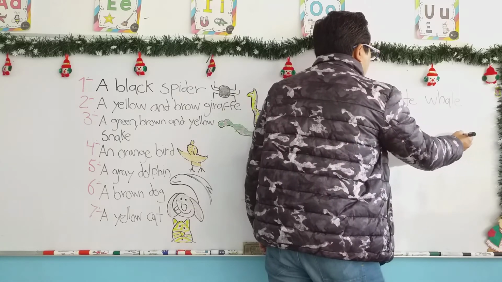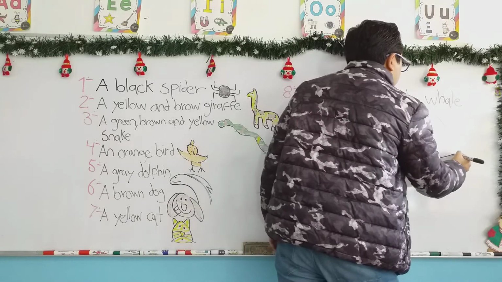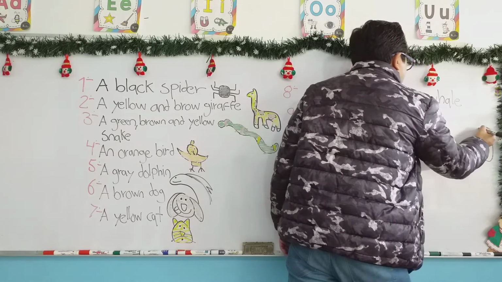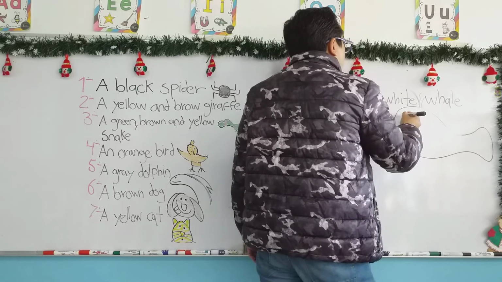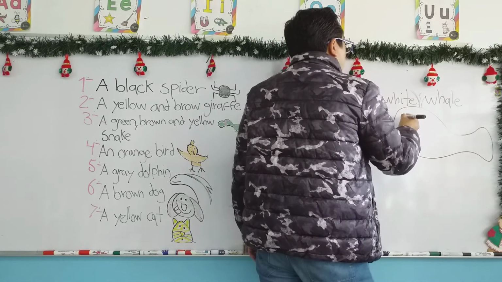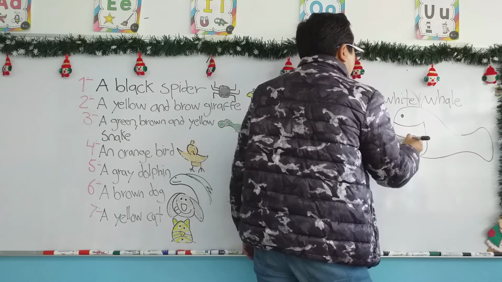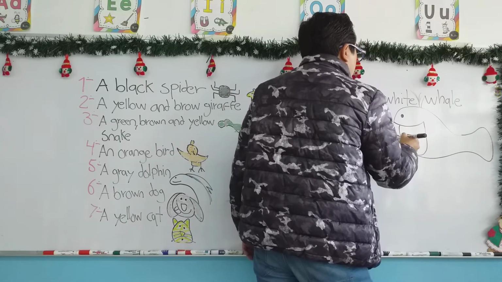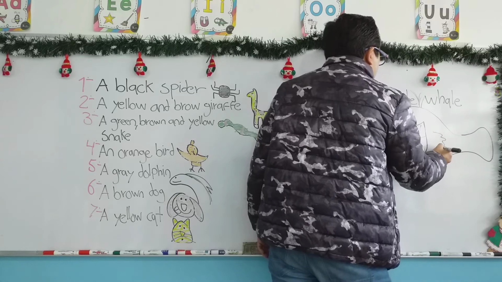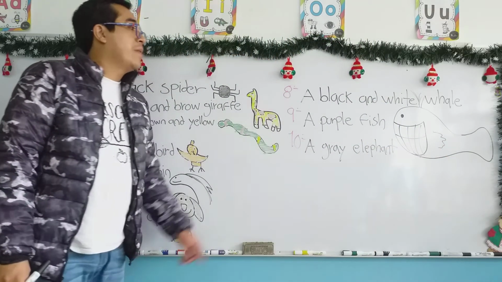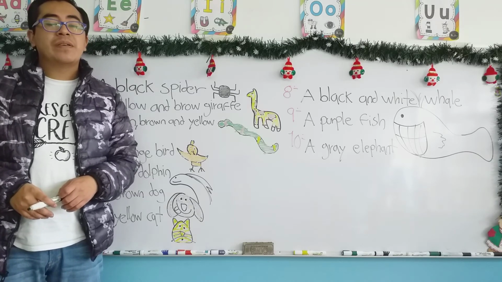So, whale. The biggest animal of the sea. Now, for the colors, it says black and white.